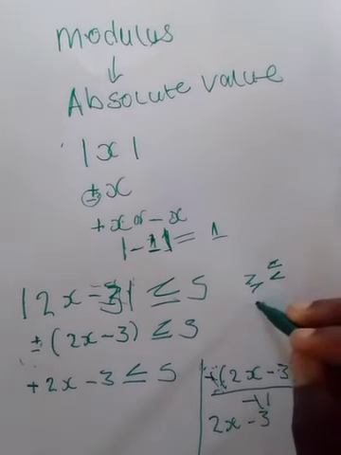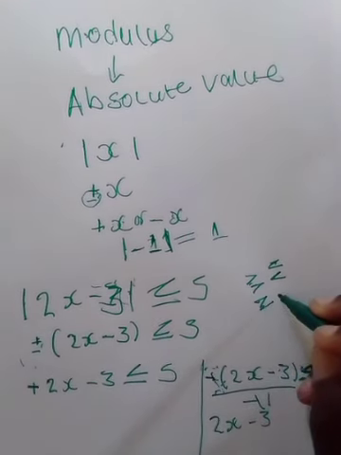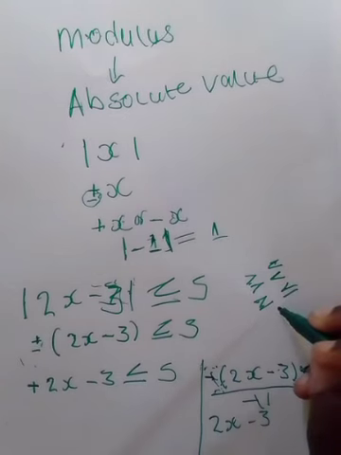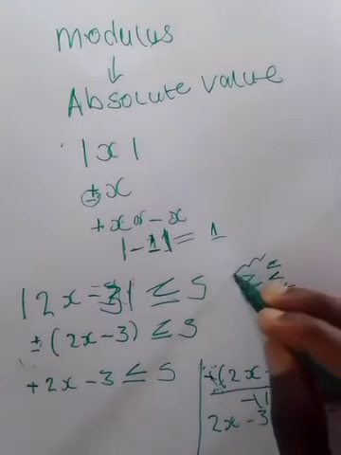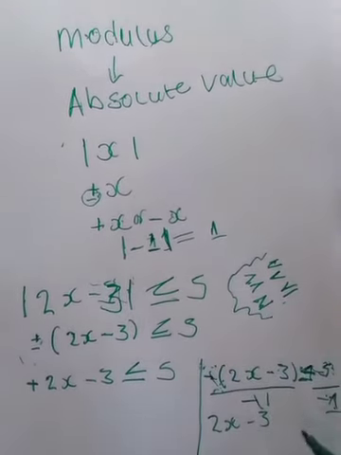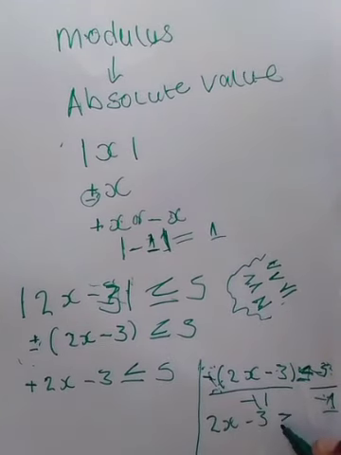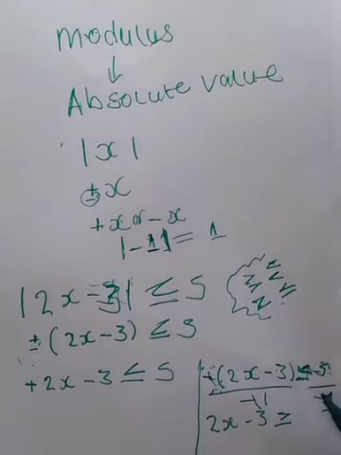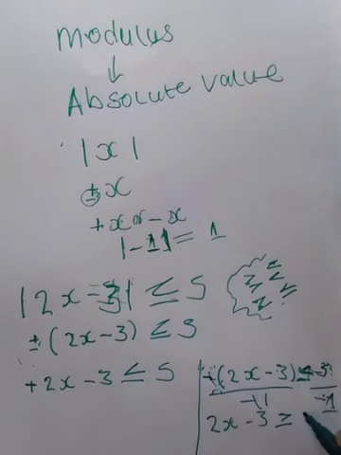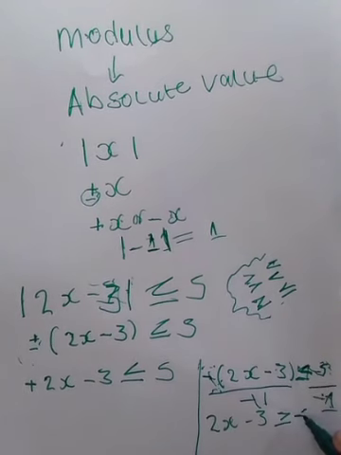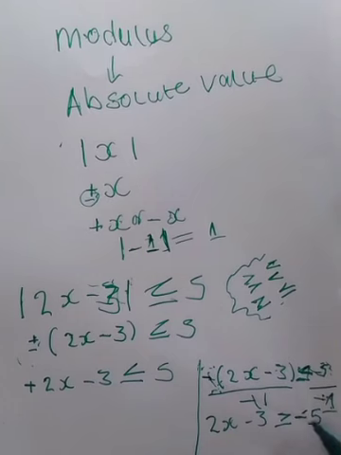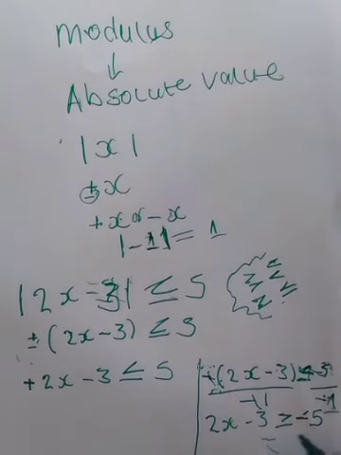If you have greater than or equal to, it changes to less than or equal to. Make sure you take note of this, it's very important. So you're going to have greater than or equal to, and negative 1 times 5 gives you negative 5. So this would be your second equation.